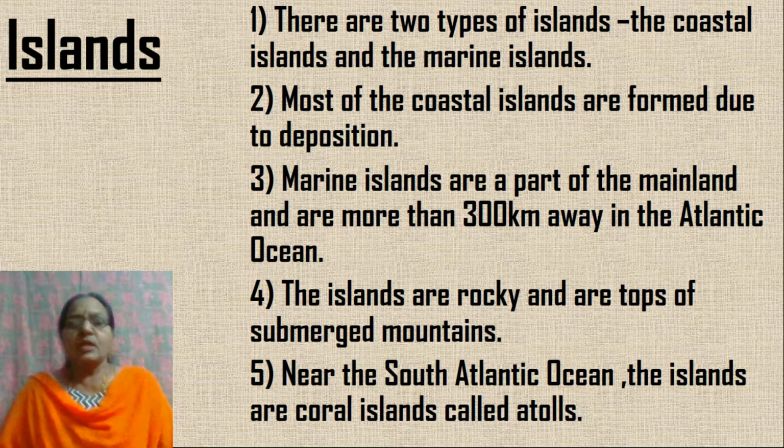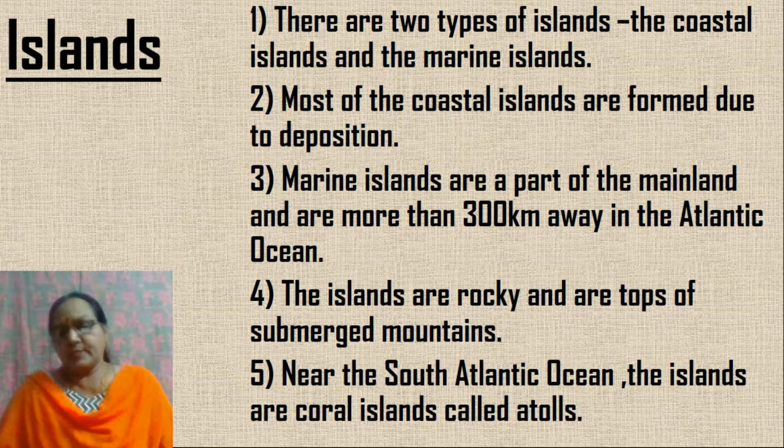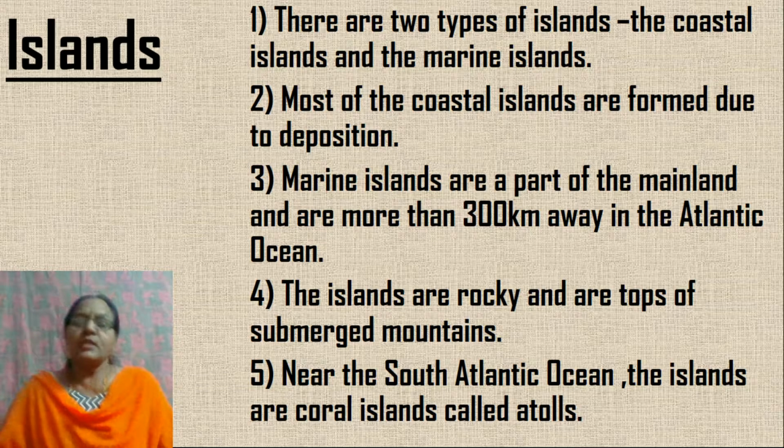Then let us talk about islands. As in India, here also we have two types of islands: the coastal islands, which are found along the coastal regions, and the marine islands. Most of the coastal islands are formed due to deposition of alluvium, as we have the Marajo Island, which is formed as a result of deposition of alluvium.